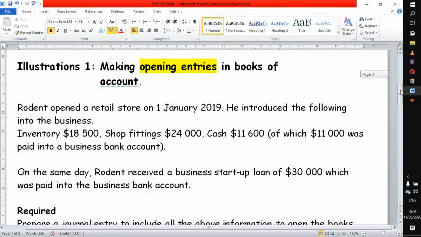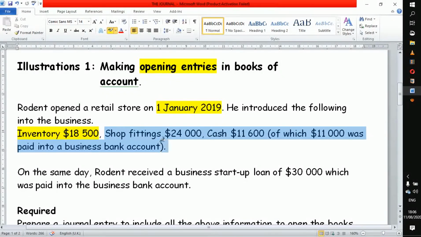So I'm going to use this illustration here for Rodent. Rodent opened a retail store on 1 January. So this is our date, 1 January 2019, and he introduced the following into the business. These are the things that Rodent brought into the business when starting: some of the assets, inventory, shop fittings, cash of 11,600.